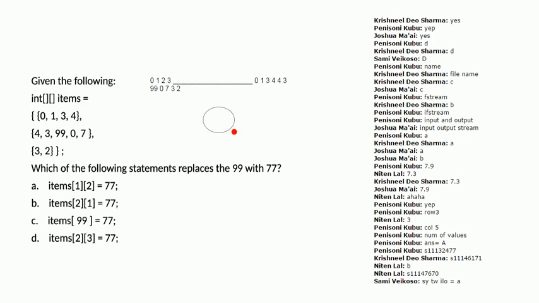So it's A, right? It is equal to 77. So it's A. The index of the row will be 1, and the index for the column is 2.